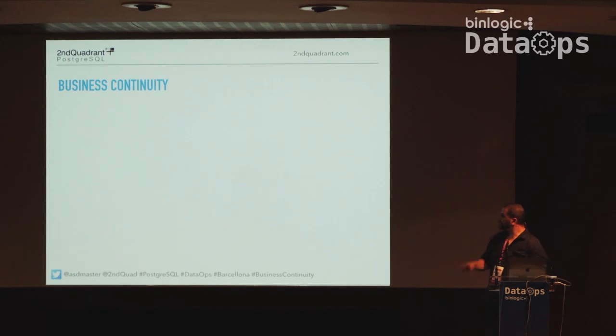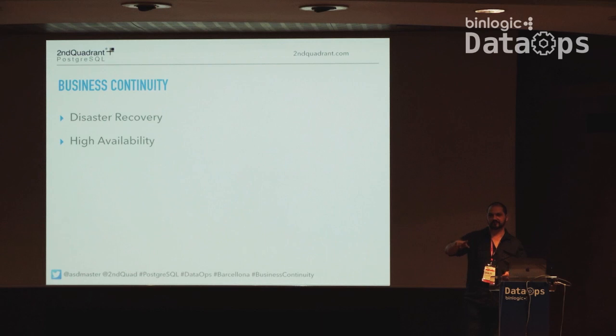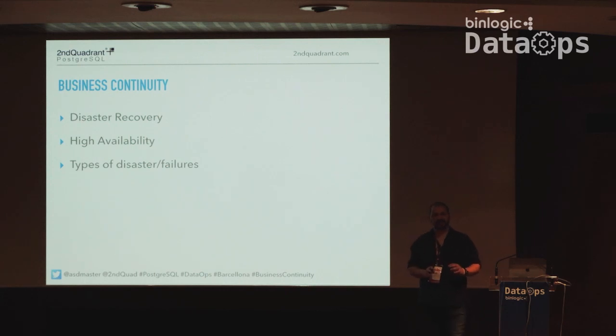Okay, let's talk about basic concepts, okay? First, business continuity. It's like an umbrella term of two disciplines, okay, that are DR, or disaster recovery, and high availability, okay? Disaster recovery is a term that covers all the means and all the techniques and all the technology that is required to not lose your data, okay?